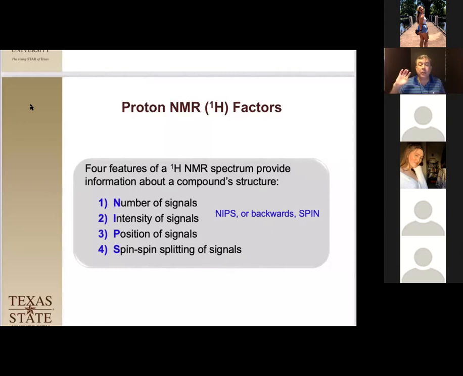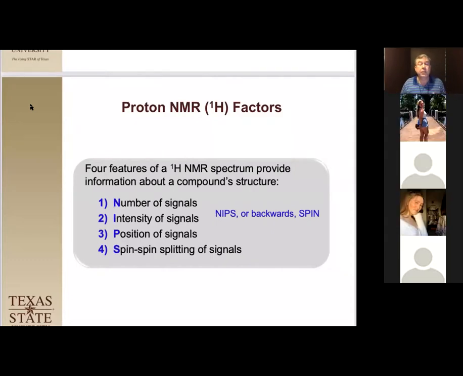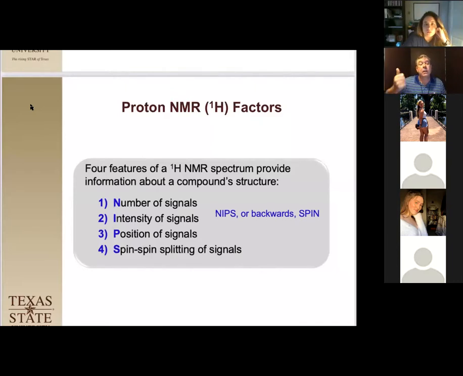Okay, so remember, we're looking for 4 different things every time we look at an NMR. And those 4 different things give us something about the connectivity of the hydrogens associated with them. So we have the number of signals, so you're looking for the number of unique signals. So when you go to the homework and you're trying to say, does the structure look like this NMR? You can look at the number of signals first.